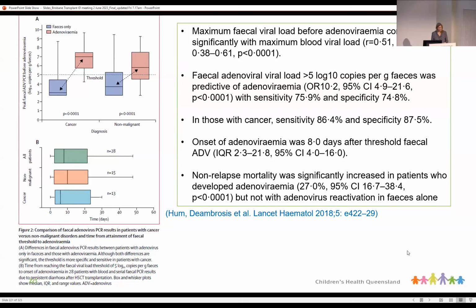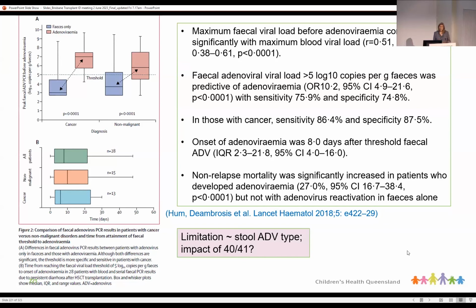So a relatively good sensitivity and specificity. And that onset of viremia is a median of 8 days after your threshold of fecal viral detection. And that, again, slightly logically, viremia is significantly increased in those patients, but not in patients just with reactivation in feces alone.